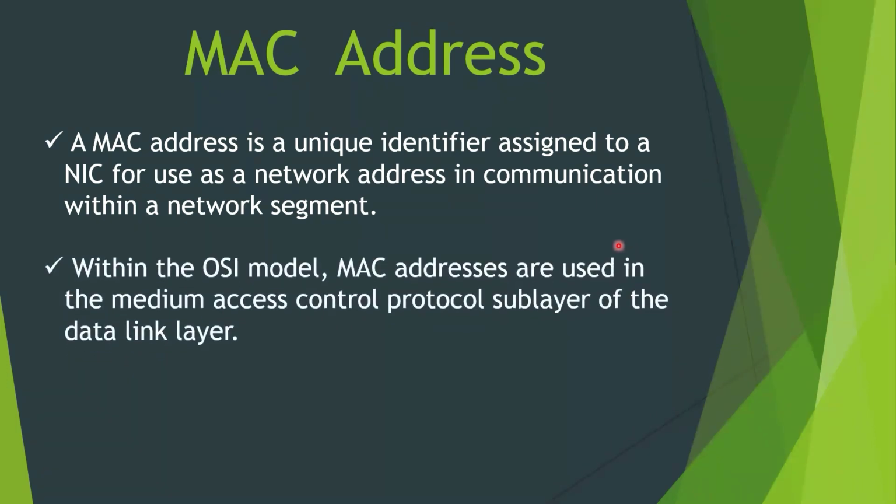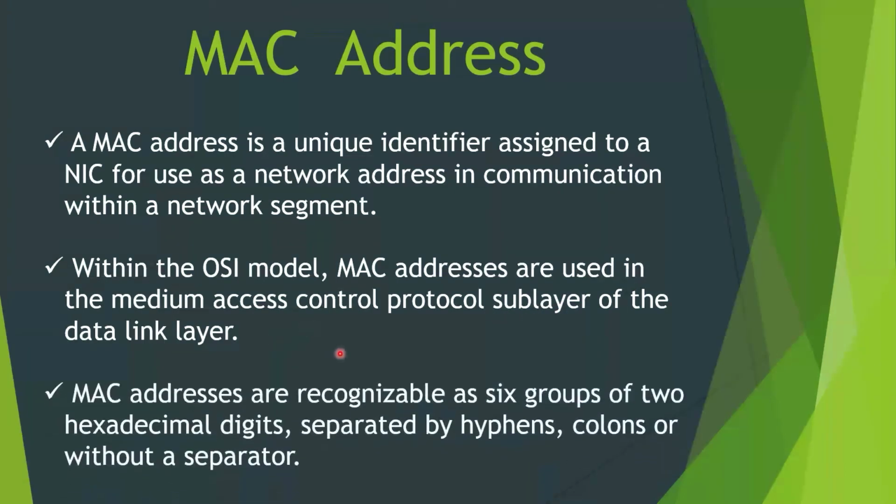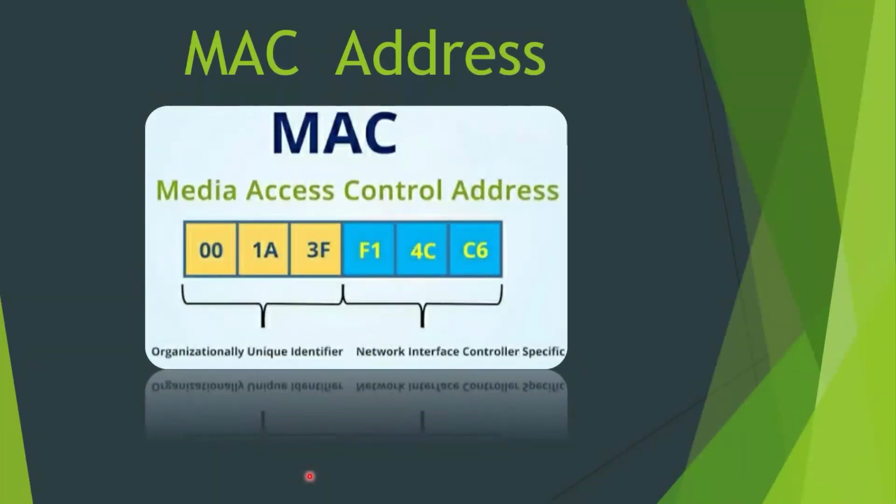As we know that there are 7 layers in the OSI model, the MAC addresses are used in one of the sublayers of the data link layer. This gives the idea of how a MAC address looks like. So let us see it. As we can see here, first of all it is given the full form of MAC address, that is Media Access Control Address.